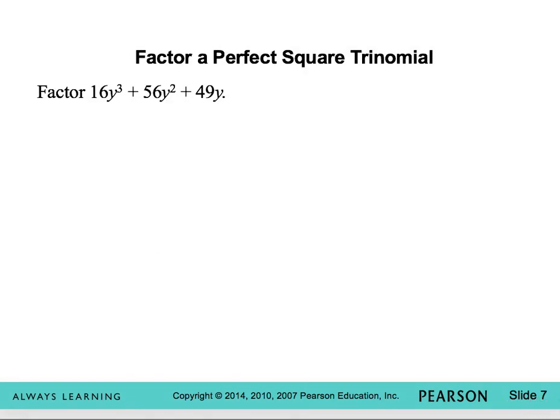All right, let's try that one more time. Okay, what do you think the first thing we need to do here is? You bet, factor out that y. Don't forget that's always your first step, greatest common factor. Okay, 16 and 49 don't have anything in common, so the y is the only thing coming out.